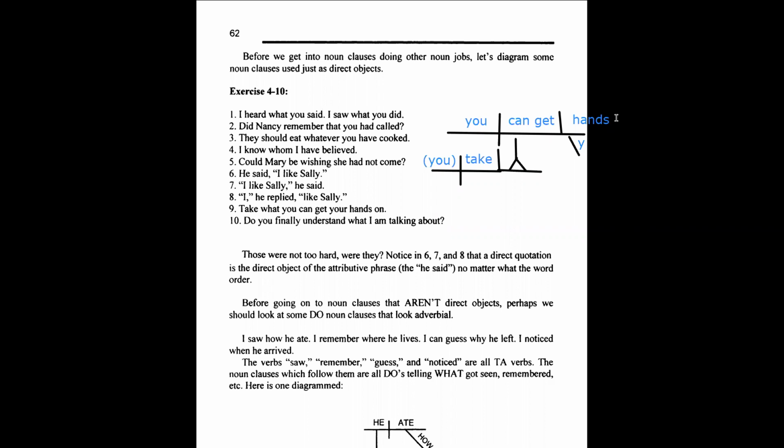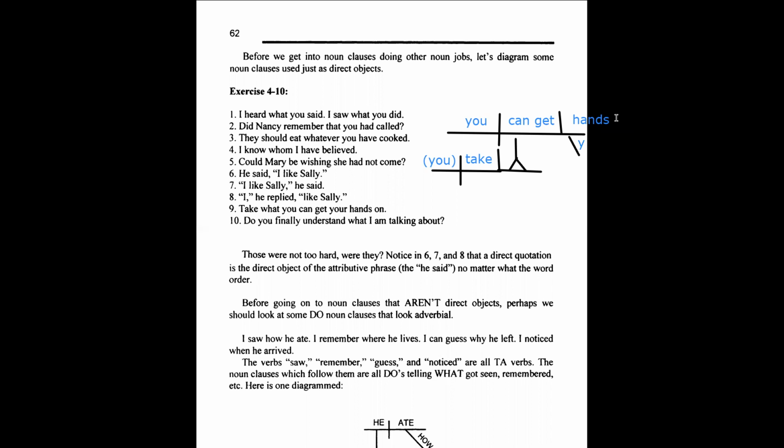On. Take what you can get your hands on. You can get your hands. We've got that. But then we have on. On what? You can get your hands on what? When you have these whats, you've got to find where they go in the sentence. So here, what is actually the object of the preposition.